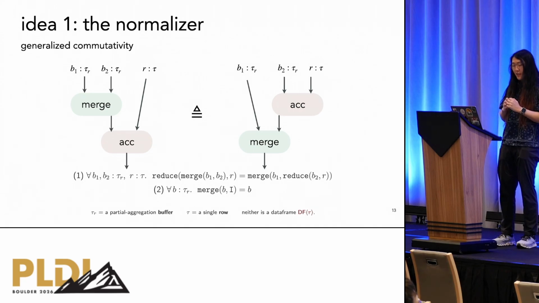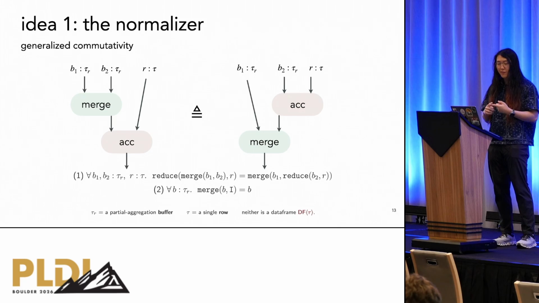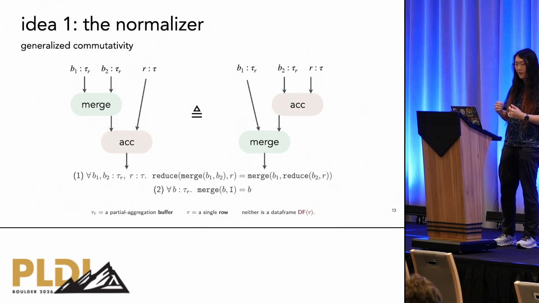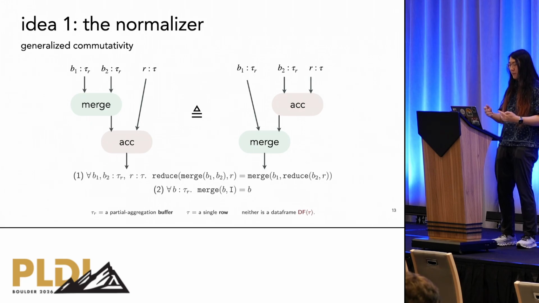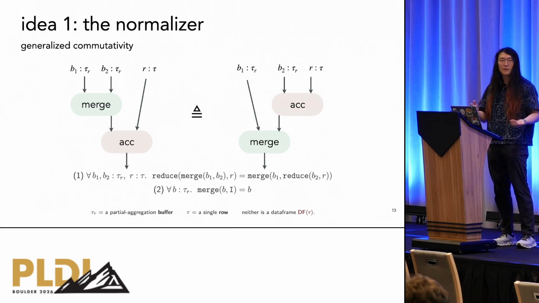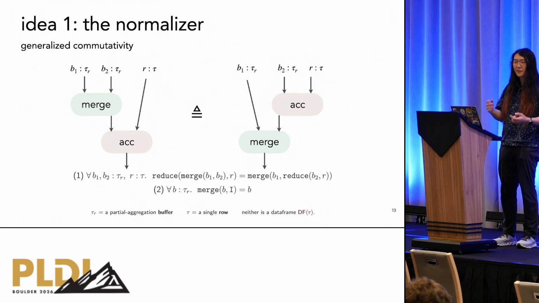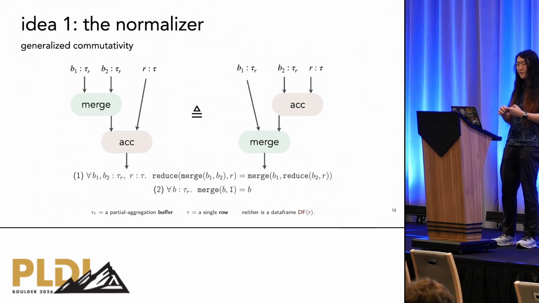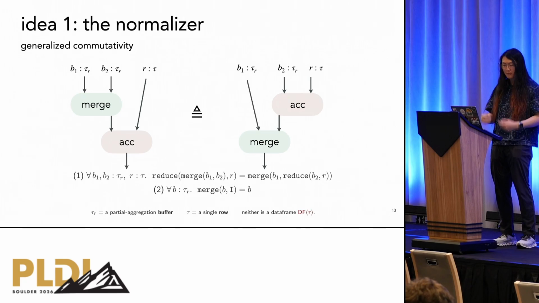As you can see here, none of tau R and tau are the type of data frame. So we are not reasoning about data frames here. Instead, we are reasoning about the input per row and the state buffer.